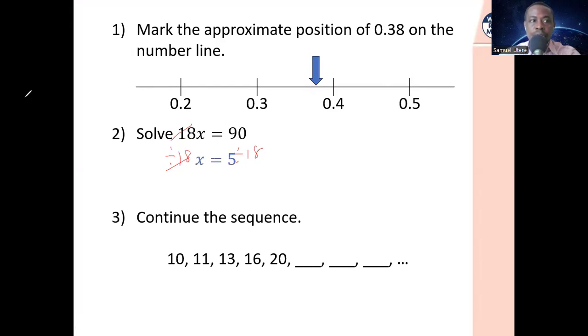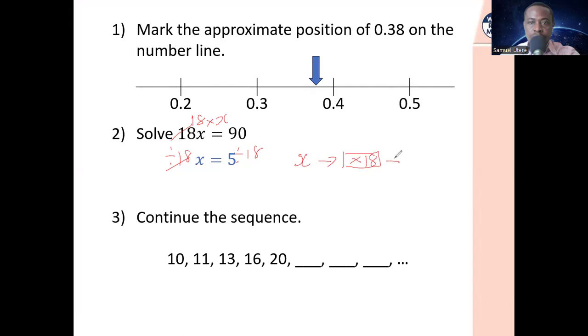We can also make use of the skill that we learned in previous lessons, some time ago, which is knowing how to use the function machine. So we know that we do not know the input. We know that we're multiplying by 18. That is what happens in the machine, because 18x means 18 times x.